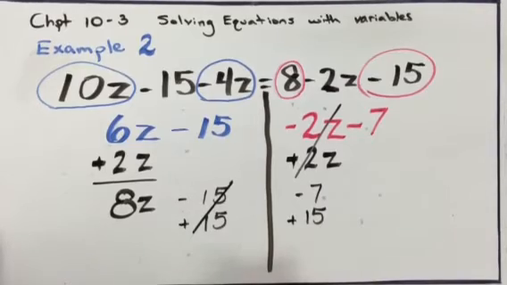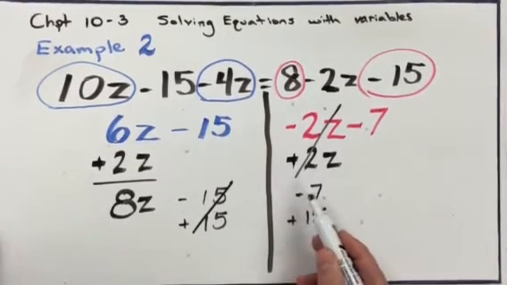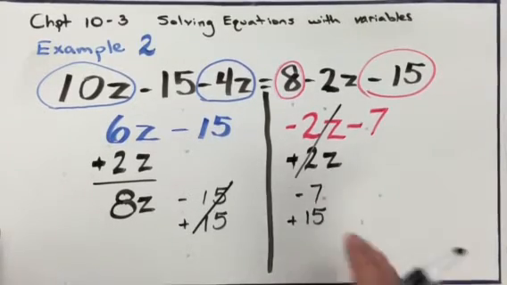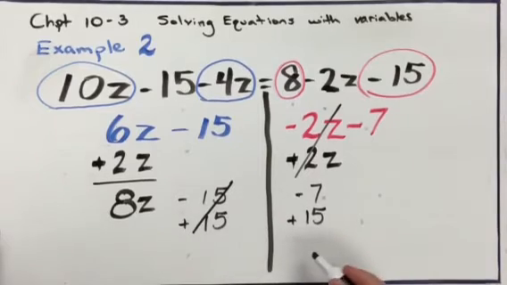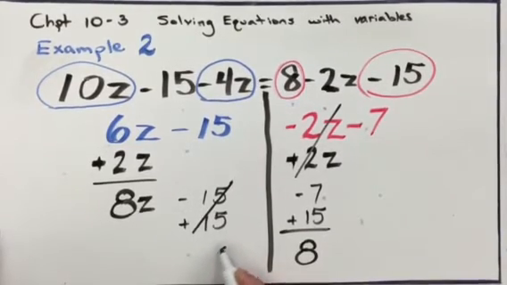That's why we chose to do it. And on the right-hand side, we have 7 negatives and we have 15 positives. When the red and yellow cancel out, we would be left with 8 positives. So ultimately, what we have is 8z equals 8.